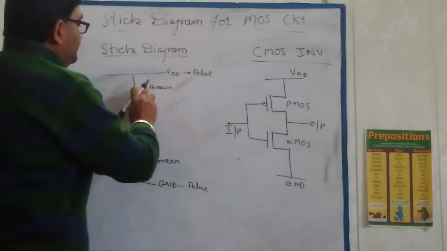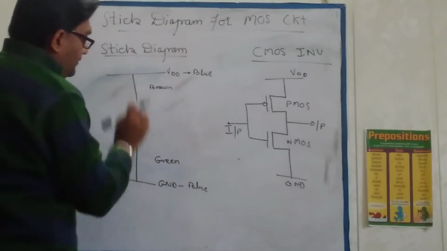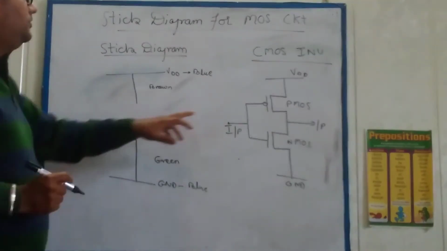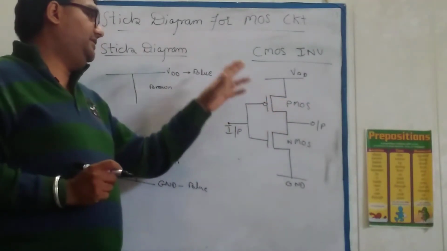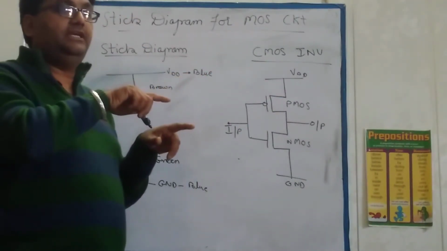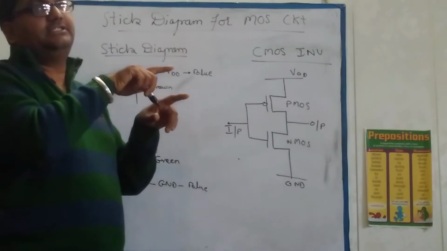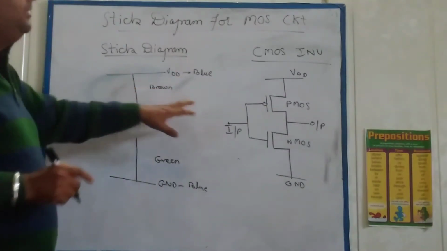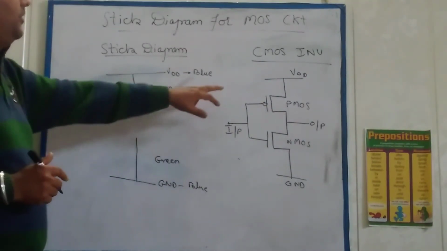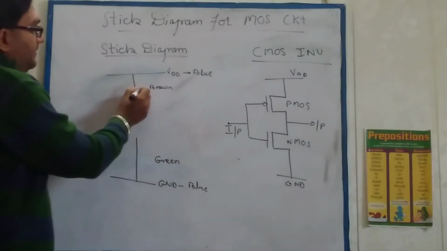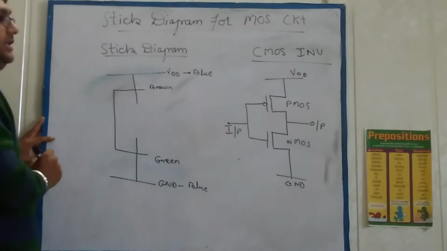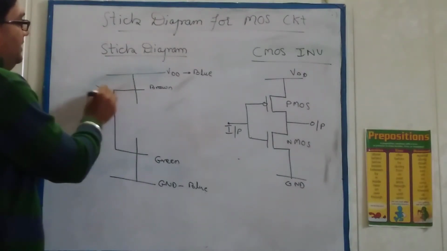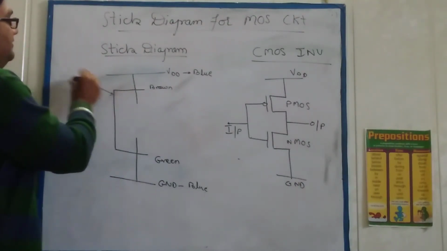Now, how to draw the transistor? We also discussed earlier that whenever there is a crossing, that is, polysilicon crosses the diffusion line, there will be a transistor, right? For polysilicon we take this line, which is of color red.